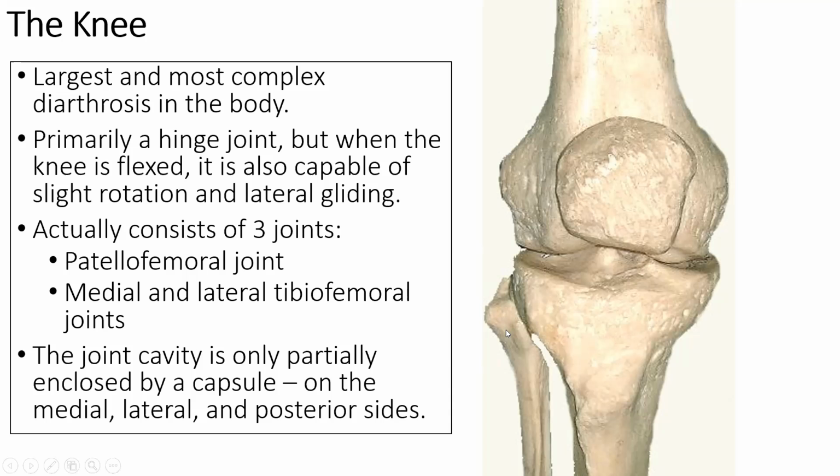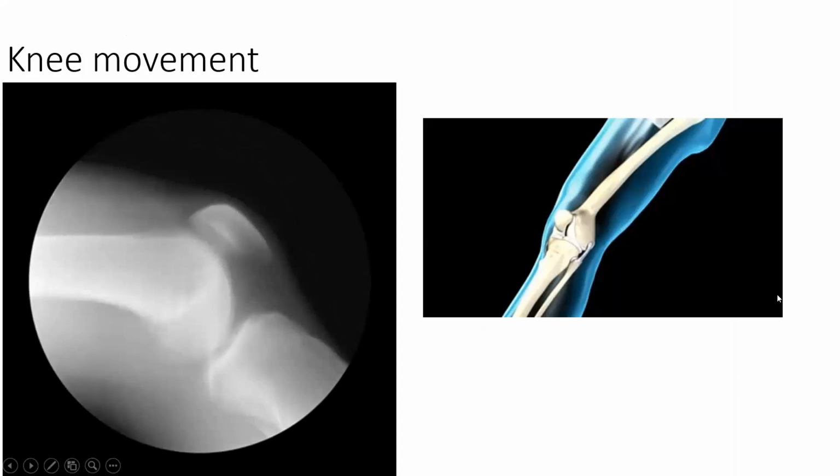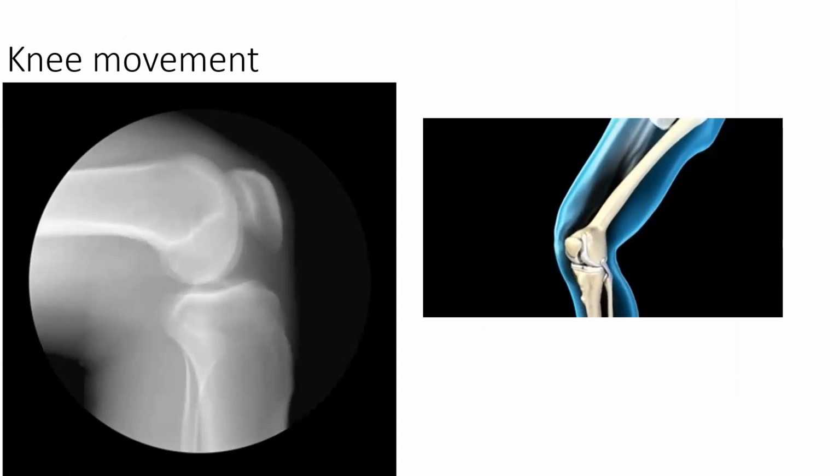It just is sort of hanging on. It's attached here by a lateral ligament on the side. But the 3 joints involved here are the ends of the tibia, the ends of the femur, and the patella itself.